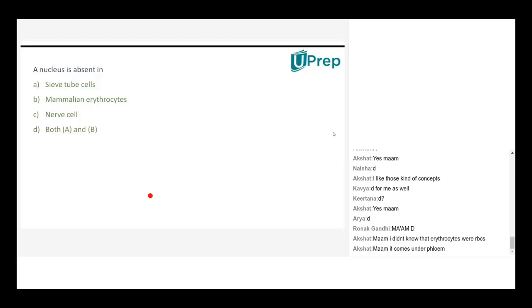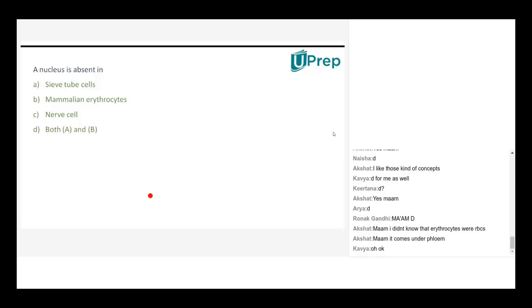So B is correct. Yes, Sakshit. Yes, erythrocytes are also called RBC, red blood cells, the name is erythrocytes. Erythro means red. Yes, sieve tube cells come under phloem. Okay, Kavya, got it? Okay, fine.